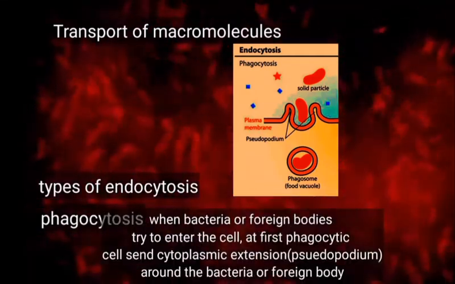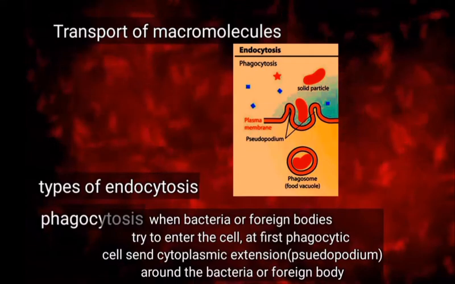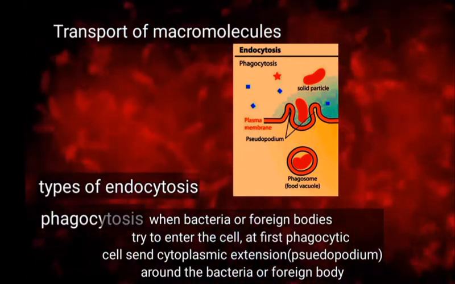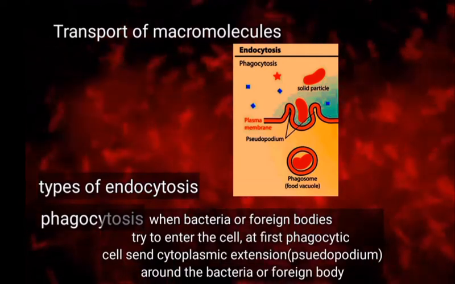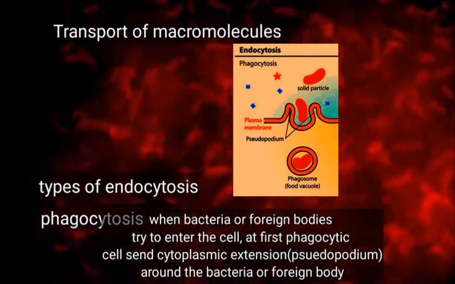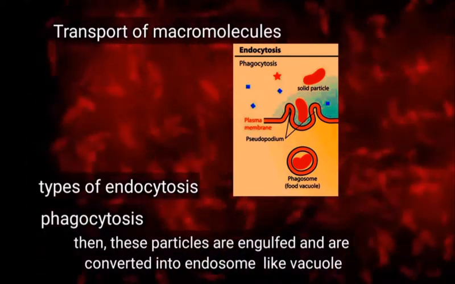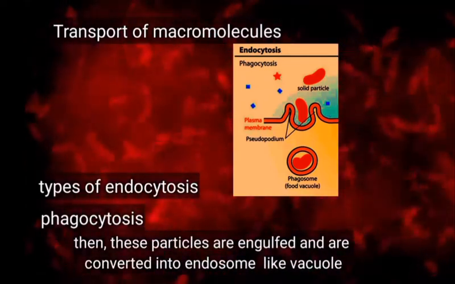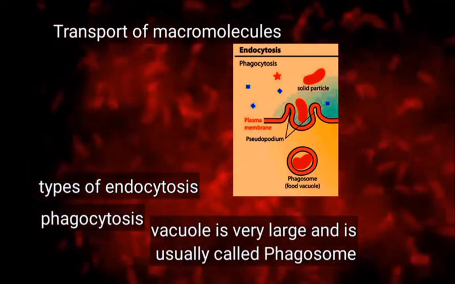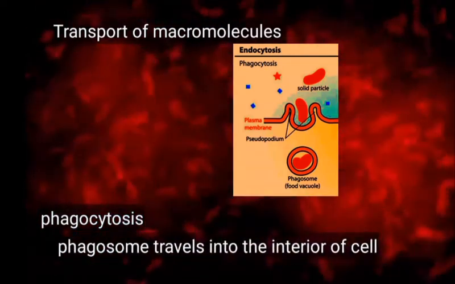When bacteria or foreign bodies try to enter into the cell, at the very first place, the phagocytic cell sends a cytoplasmic extension, also known as pseudopodium, around the bacteria or foreign body. Then these particles are engulfed and converted into endosome-like vacuoles, and the vacuole is very large and is usually called a phagosome. Now the phagosome travels inside the cell.